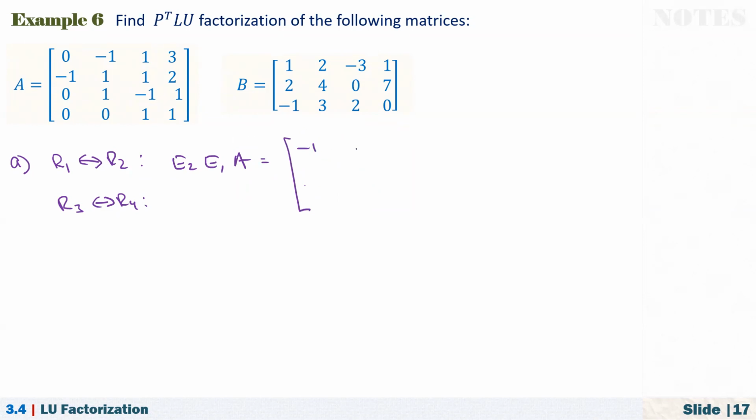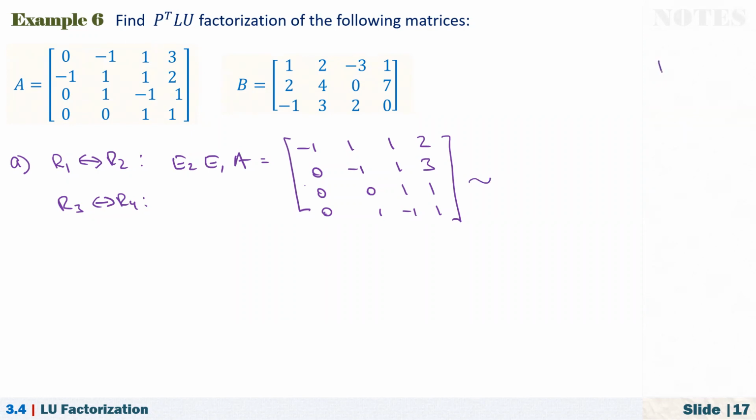So here we have minus 1, 1, 1, 2, 0, minus 1, 1, 3. And here we have 0, 0, 1, 1. And the third row will be 0, 1, minus 1, 1. Okay. So now, if I add the second row to the third row, that's it, right?